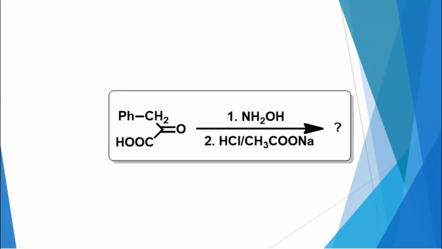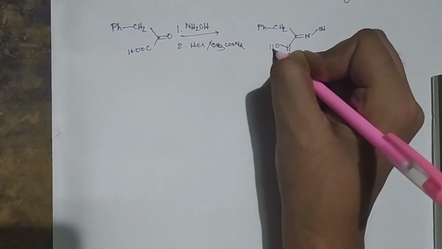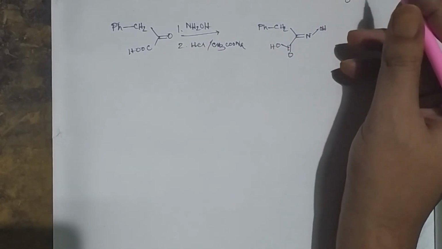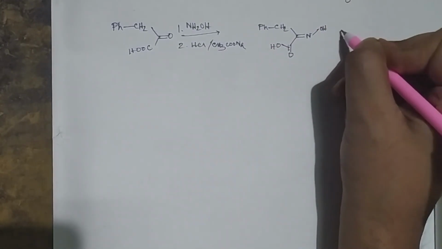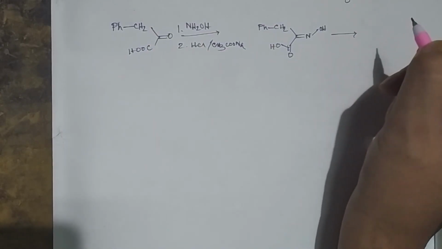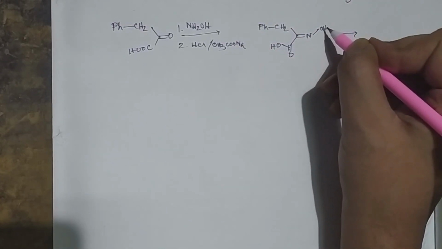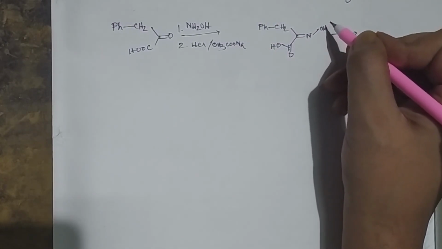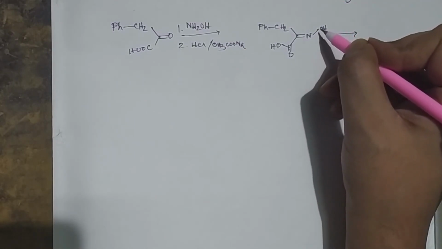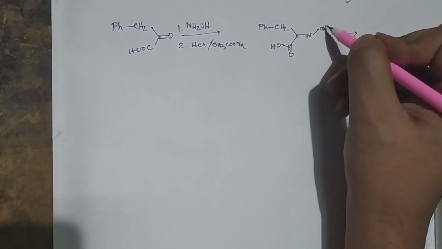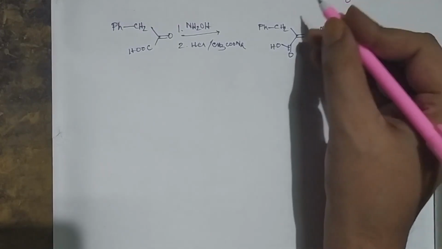So our next problem: here we are given an unsymmetrical ketone which is reacted first with hydroxylamine. So we get an oxime as a product, so let's write it. Now here is an important aspect: there is a carboxylic acid. As a convention, you know that if a carboxylic acid group is present at the alpha position or in the vicinity of some unsaturation, it gets decarboxylated easily.